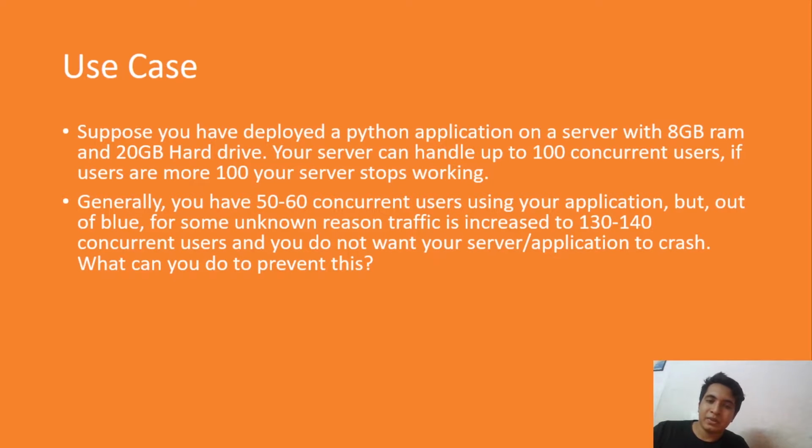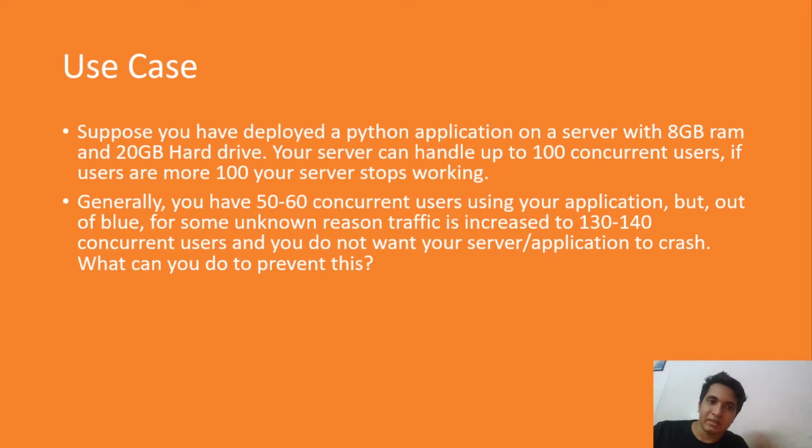Generally, we have 50 or 60 users using our application, and since our application can handle 100 users, most of the time our application is working fine, and every customer is happy.